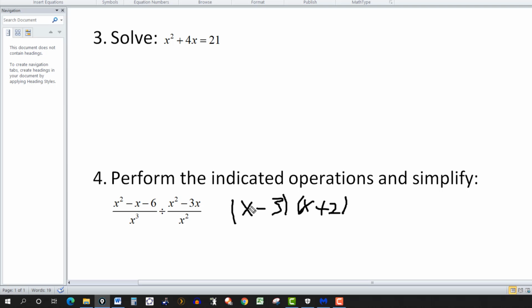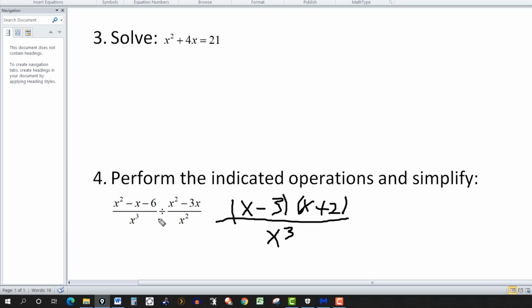So you can check it out. x times x is x squared, minus 3 times 2 is a minus 6, minus 3 times x is minus 3x, 2 times x is 2x, add those up, minus 3x and 2x is a minus x, that checks. And then x to the third on the bottom, that we just leave the way it is. That's just 3 factors of x, so we leave it there.